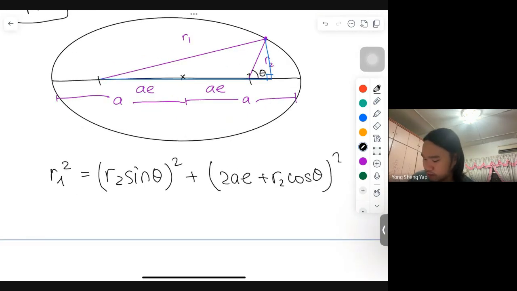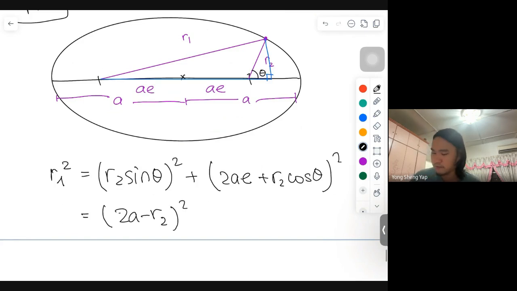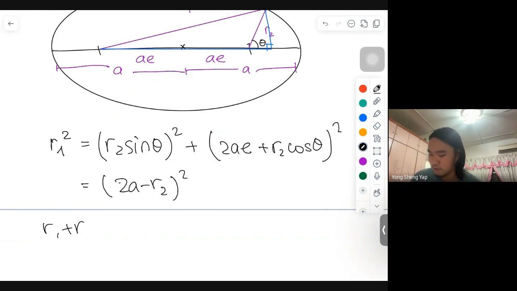All right, but this is also equal to 2a minus R1, 2a minus R2 squared. Because remember that the definition of the ellipse is R1 plus R2 equals 2a.